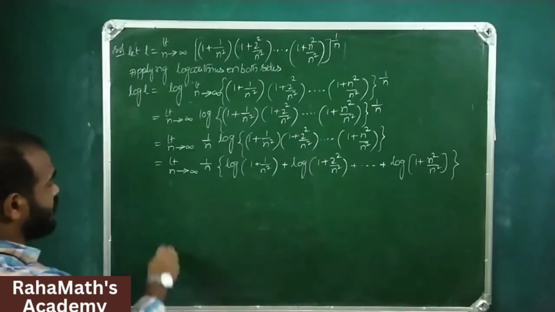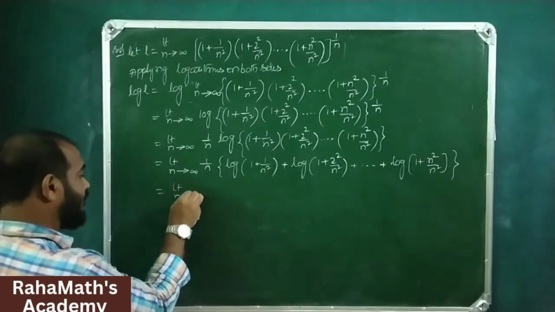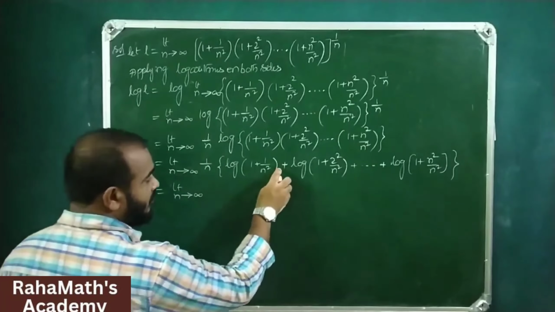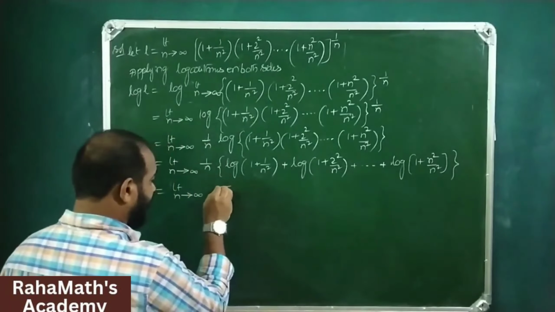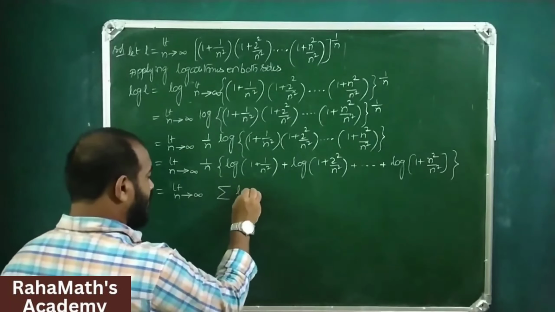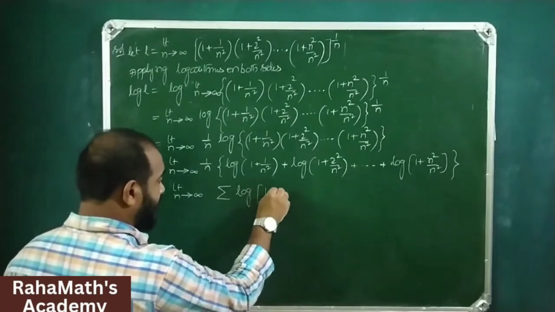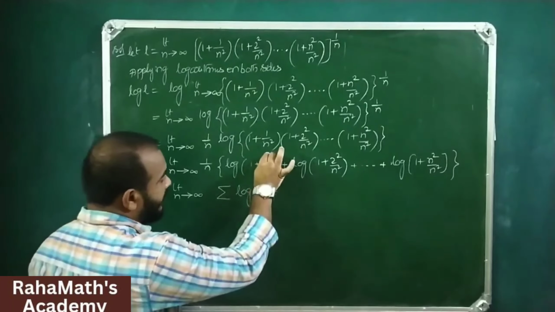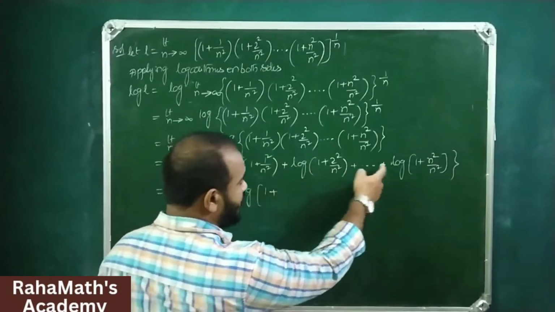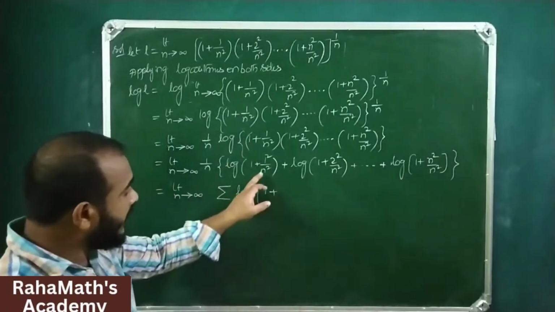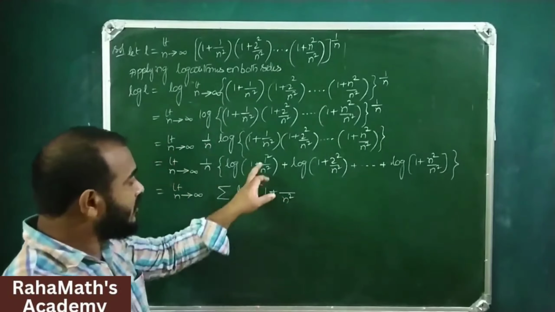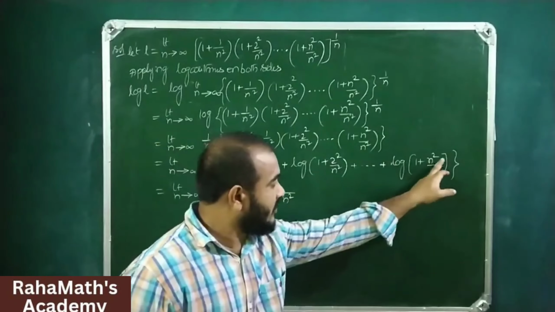So this is equal to limit n tends to infinity. Since this is the summation of a series, we can write it in sigma notation: sigma log of 1 plus. This can be written as 1² also. In everything, 1 plus is common and by n² is also common, and this is 1², 2², etc. n².